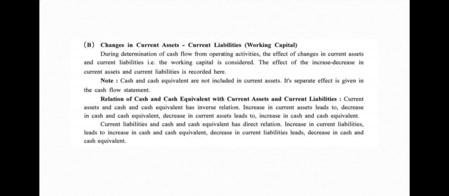Then we get operating profit after changes in working capital, and finally tax paid for previous year is deducted, and we get cash flow from operation or cash flow from operating activities.